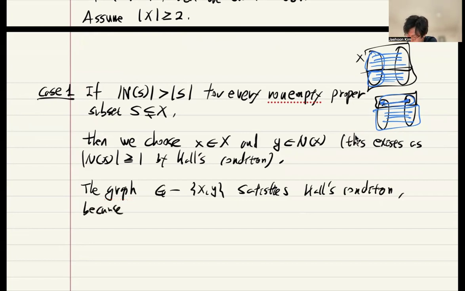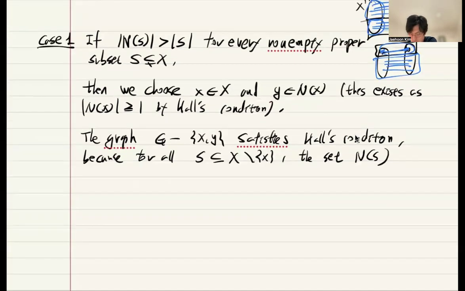Because for all S in here, if you consider the set of neighbors of S, this loses at most one element, y.